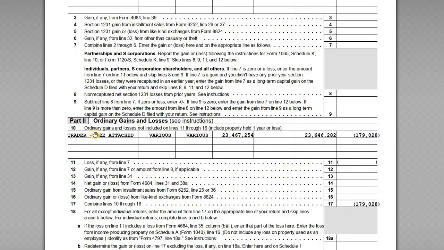So obviously we see here there's only 4 line items in Part 2. So if you're a trader, you're obviously going to have way more than 4 property sales during the year. So that's why the instructions ask us to indicate trader, and then you can enter "C attached," and then put the totals, and then attach a worksheet that shows each of the detailed transactions.